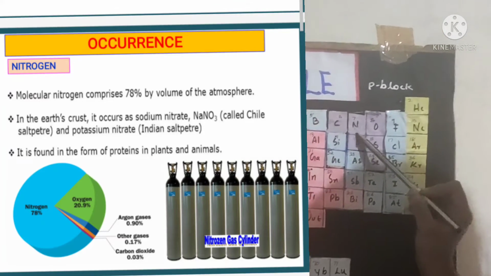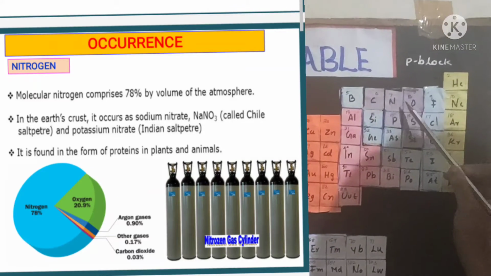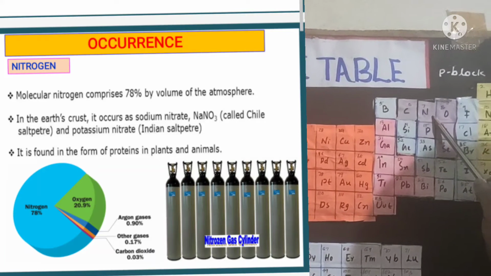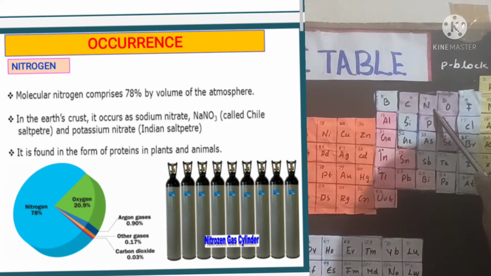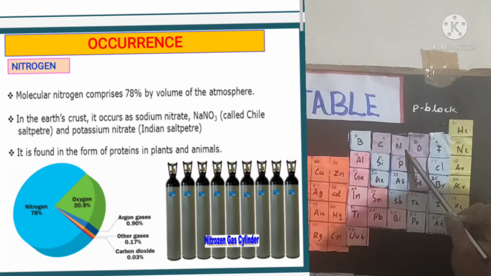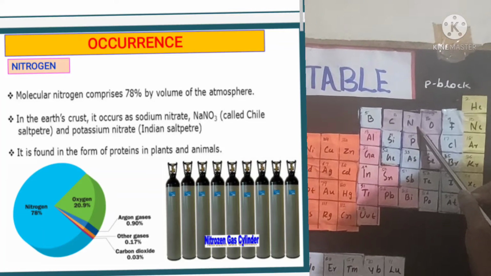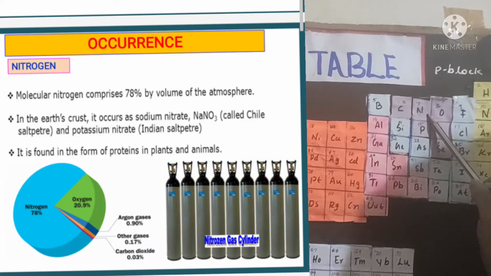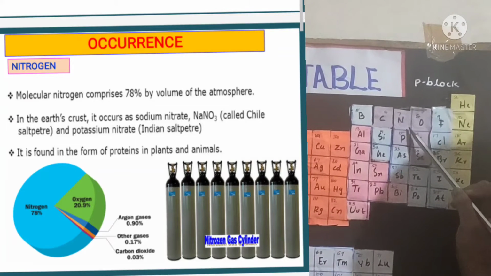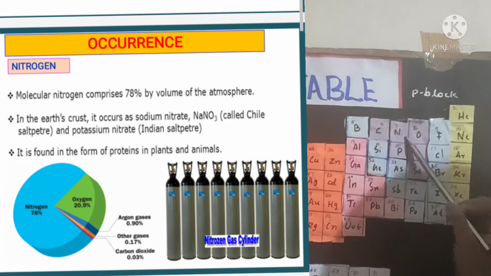Molecular nitrogen constitutes 79% of the air. In the combined state, it is the major constituent of protein, which is present in both plants and animals.